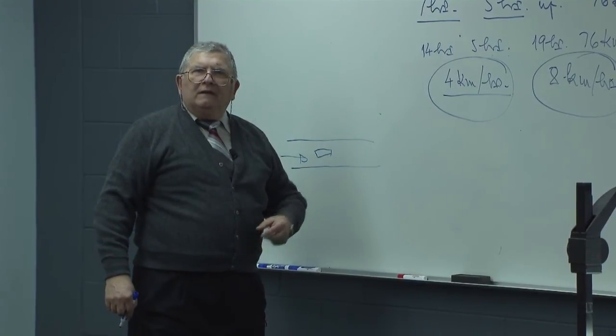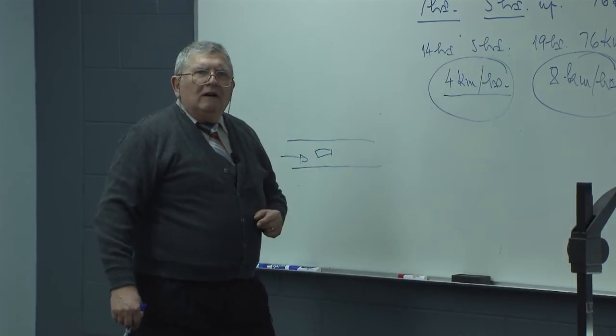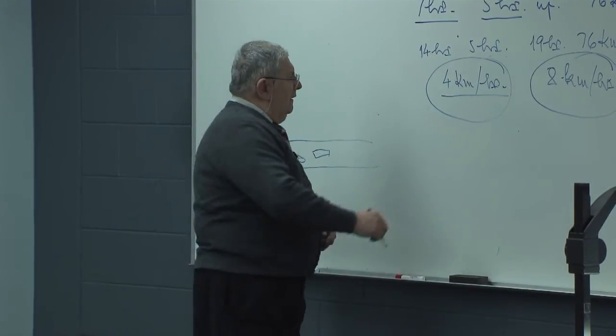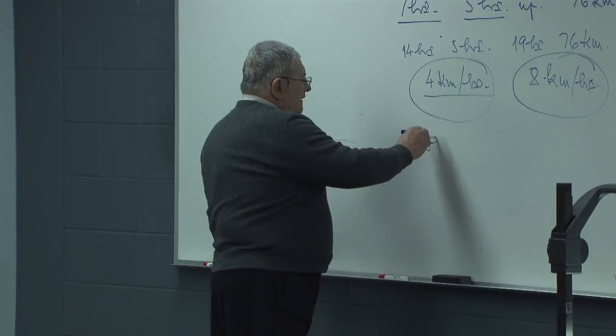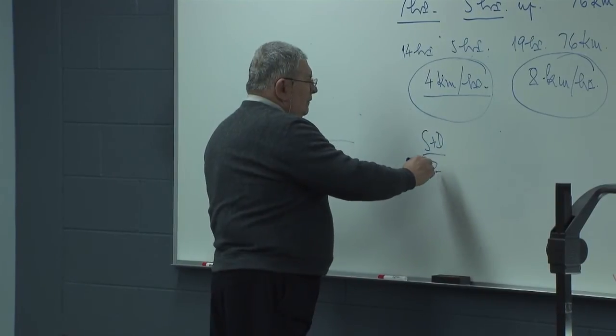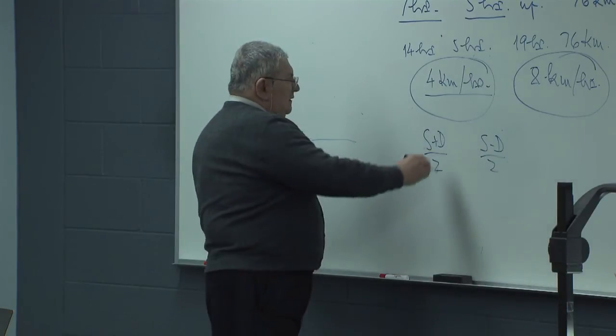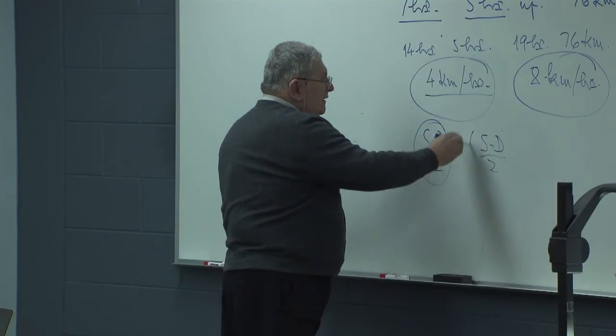I gave a formula for each one of them. S plus d over 2 and s minus d over 2. This is the speed of the boat. This is the speed of the river.